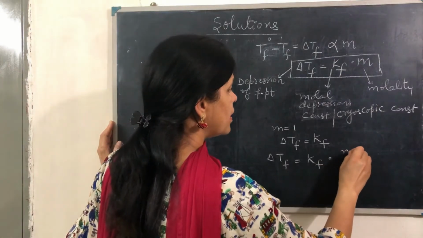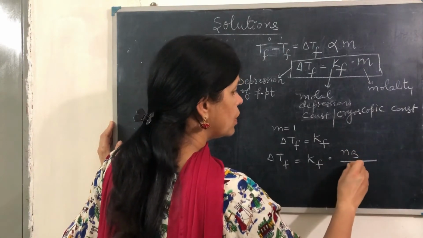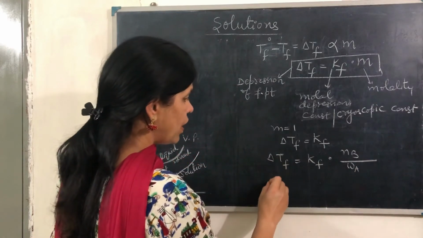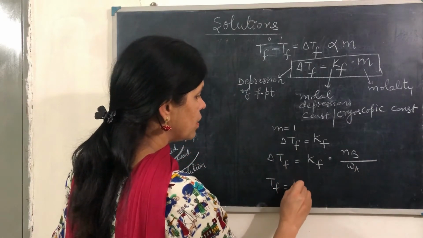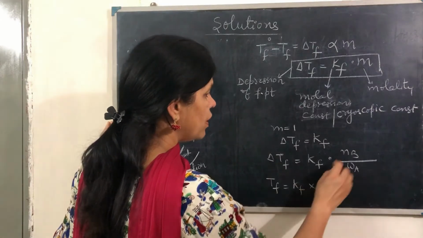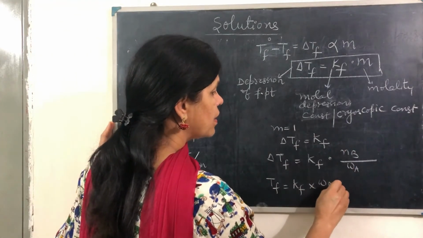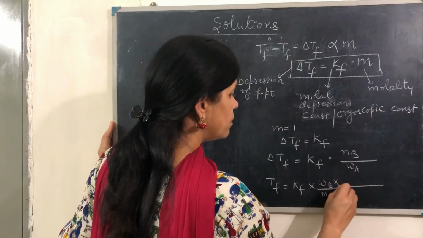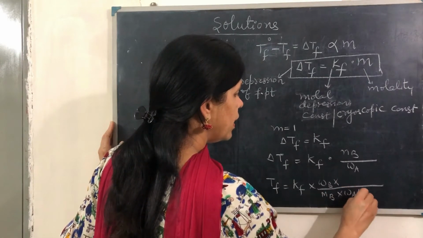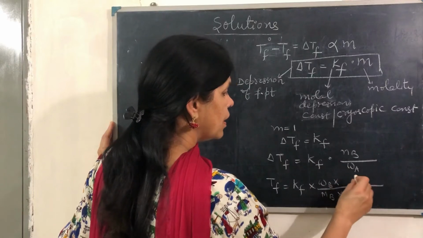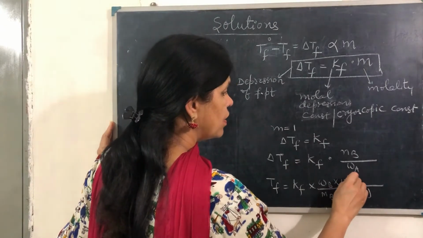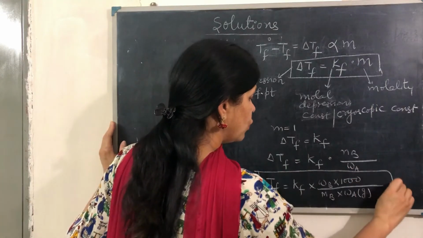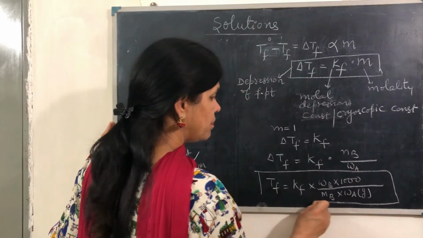Molality can be written as number of moles of solute dissolved in a given mass of solvent, which can further be written as delta Tf is equal to Kf into Nb, which can be written as Wb upon Mb into Wa. If it is given in grams, it should be converted to kg by dividing by 1000, and you get this expression.